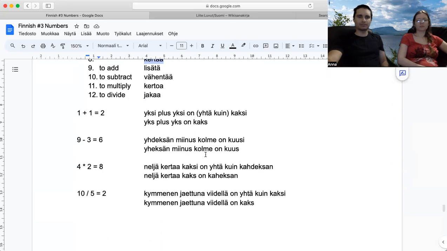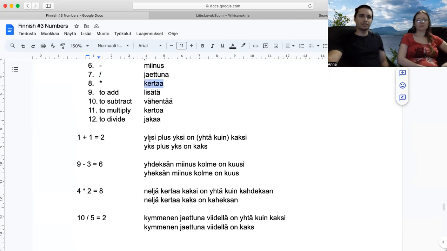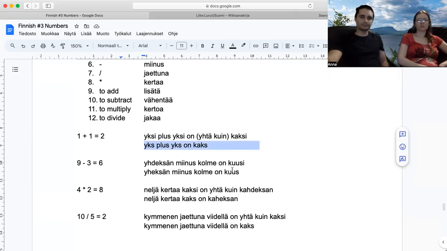I will show you examples. 1 plus 1 is 2: 1 plus 1 on yhtä kuin 2. You can leave out the yhtä kuin and say just 1 plus 1 on 2.